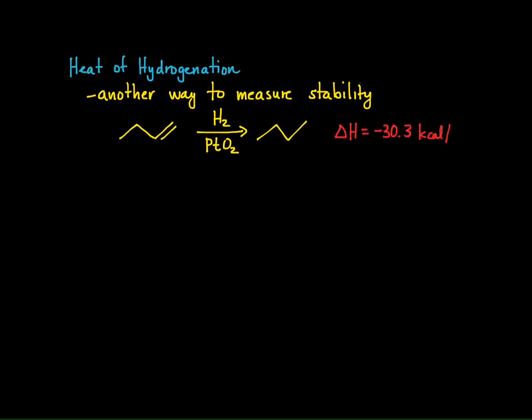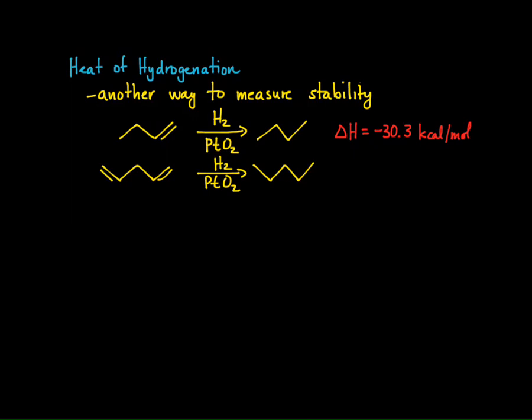And I can measure the delta H of this reaction, and I see that the delta H is minus 30.3 kilocalories per mole. Now, in this particular case, I have 1,4-pentadiene, and I hydrogenate it, I get pentane. And we would expect, because we're simply hydrogenating two separate bonds, that we can predict the delta H based on our knowledge of the heat of hydrogenation of 1-butene.